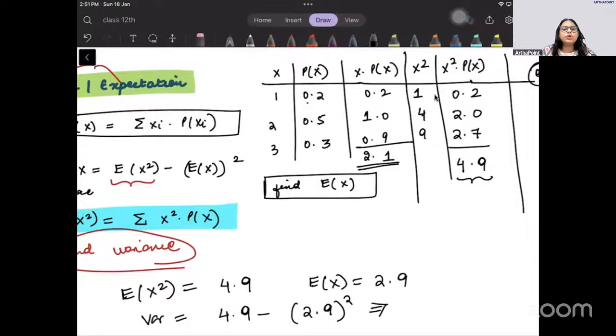Just find this value. Okay, so 0.49, if all of you are saying so. Okay.